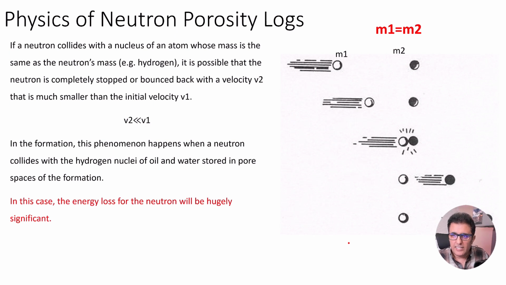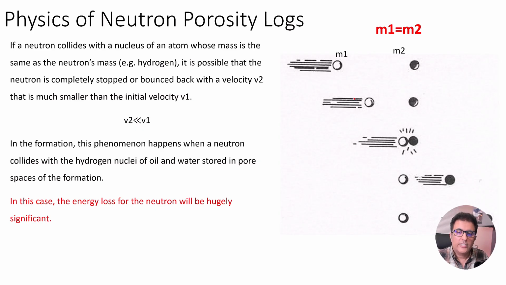Now assume that m1 and m2 have the same masses. So in that case, as a result of the collision, m1 will stop and the energy will be transferred to m2. So when this happens in the formation, that happens when a neutron collides with a proton. And what element has a proton?